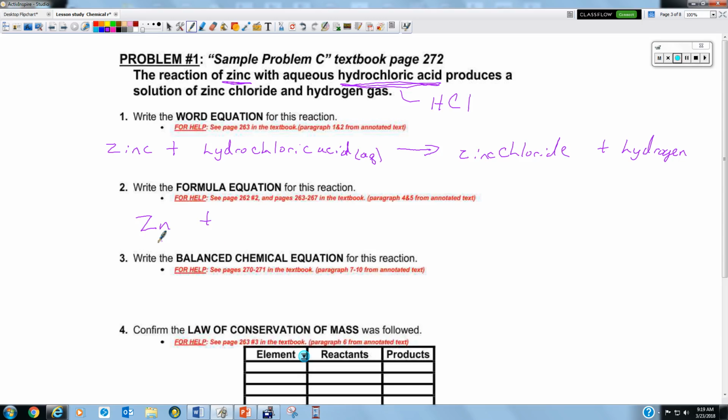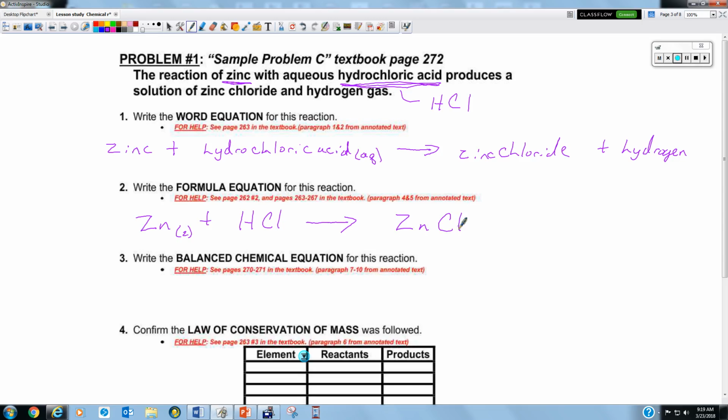It's just zinc metal right now, so I'm not going to put a 2 or anything by it. I don't need to know the charge at this point. All right. The chemical formula for hydrochloric acid is HCl. And then it reacts to form zinc chloride.